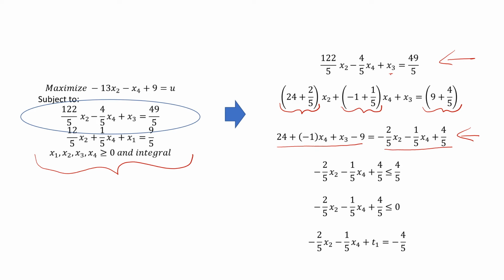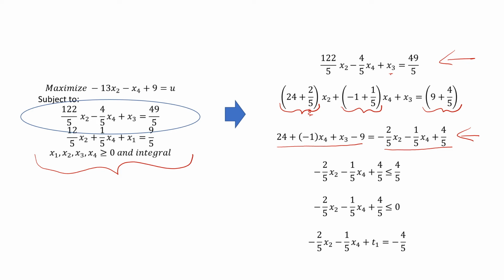Okay, so now take a look at this right-hand side. What does it tell you? Well, remember, all of our variables are positive and they're integers. Because they're positive and because of the way we built this, remember we said we had to take that positive fractional part? That's that f of x.